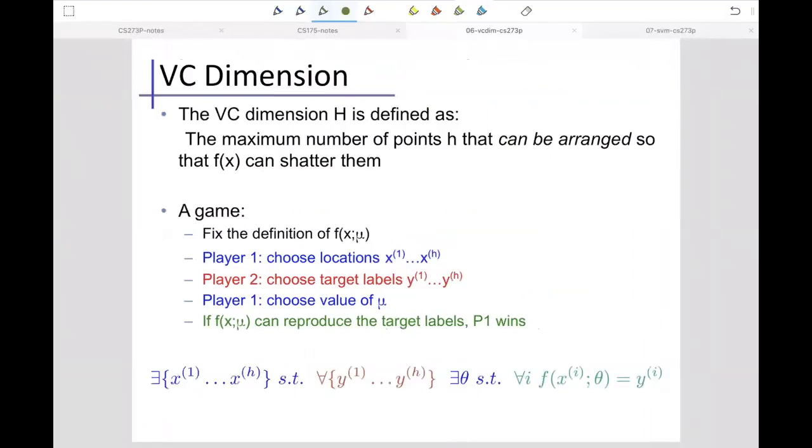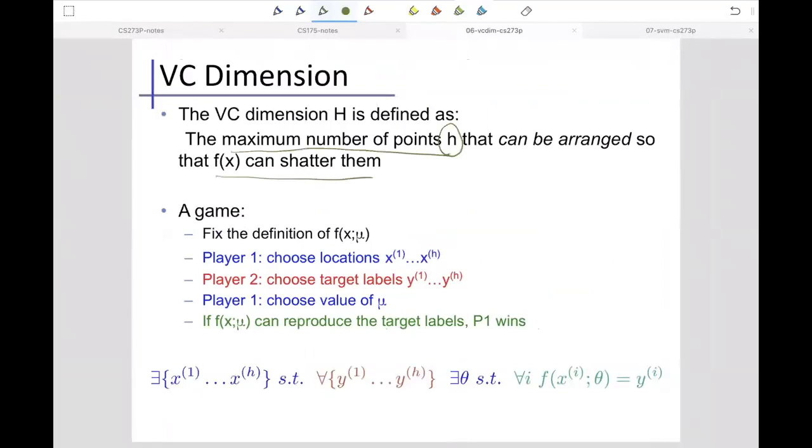Now we come to the VC dimension, once we understand the concept of shattering. VC dimension is defined as the maximum number of points that can be shattered, that can be arranged such that f(x) can shatter them. So that is the definition of VC dimension.